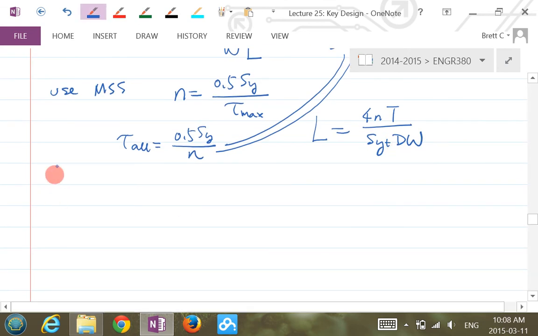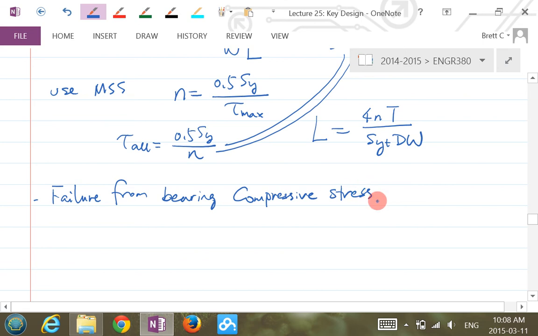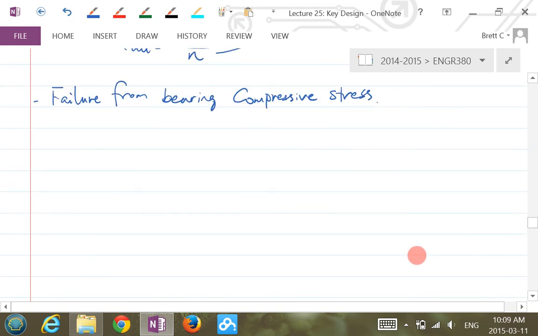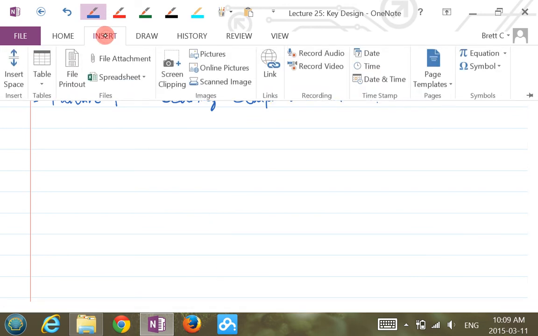The second case is we want to design against failure from this so-called bearing compressive stress. What does that mean? You consider the side of the shaft here.